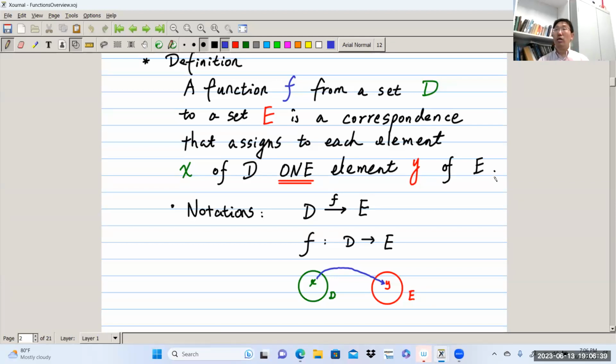I think we should all be familiar with this concept because we learned functions in algebra 1 and algebra 2.